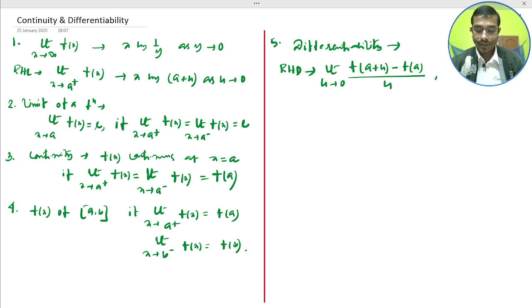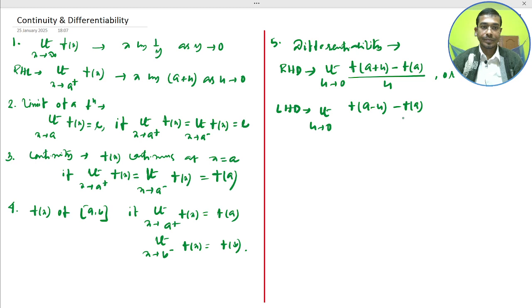This is written as RF'(a). Next, the left hand derivative: limit h tends to 0 of f(a minus h) minus f(a) divided by minus h.